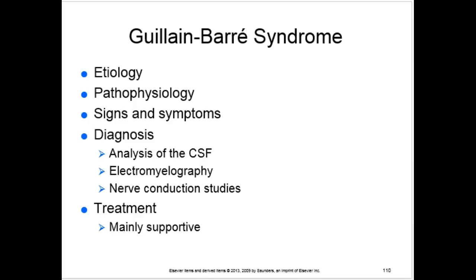There was, in 1976 and again in 2009, a relationship found between the swine flu vaccine and GBS, and there have been a few cases of GBS in recipients of the meningococcal conjugate vaccine.